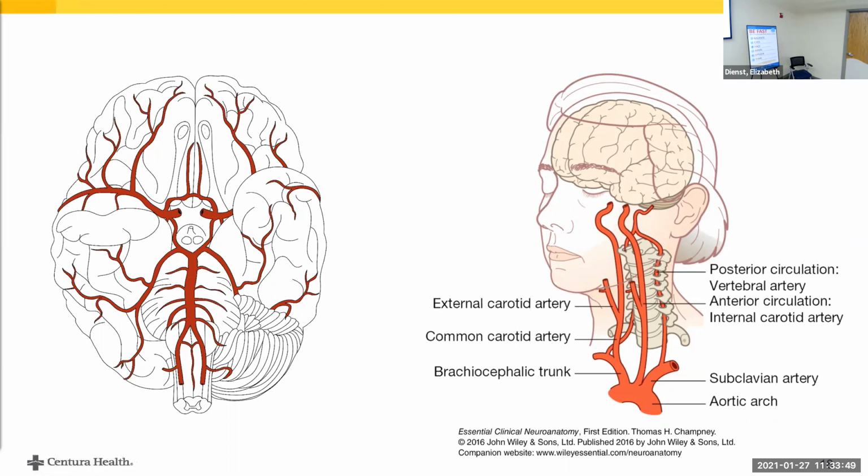Here are your arteries, your carotid, and then your vertebral, and they'll go up into your brain. And then here, these are where your carotids come into your brain, and they branch off into these cerebral arteries. Your vertebrals come up here, and then they branch off as well.